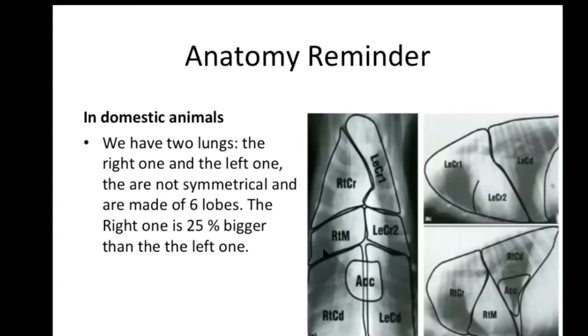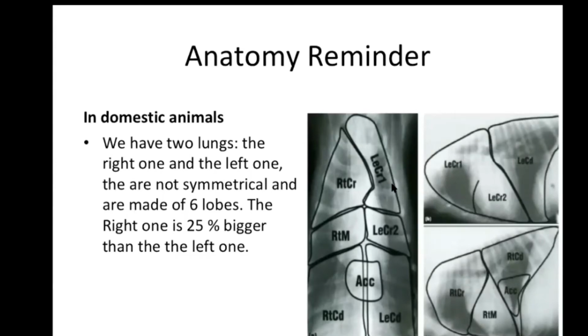Let's say it's this lobe that is affected. It's the cranial right lobe. So this part is cranial. This is the head. This is caudal, where we have the abdomen. Let's say it's here. We will say the right side caudal part has the problem.